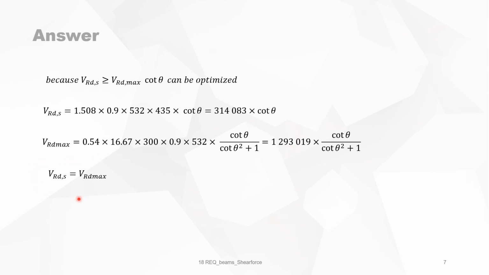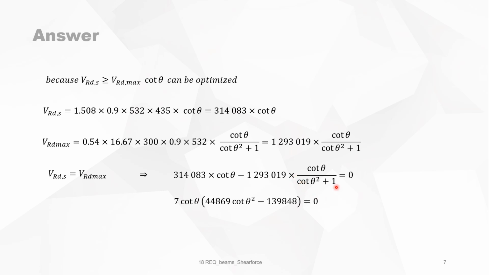So the maximum that we can get is when those two are equal. And when we make it equal, you get this equation. You multiply by cosine theta squared plus 1, and you arrive at this equation, for which cotangent theta 0 has no meaning in our case.